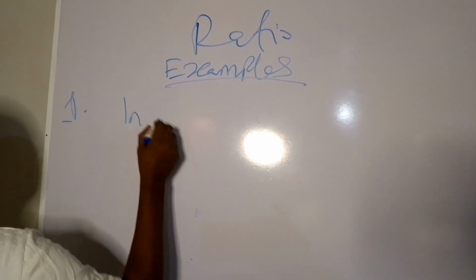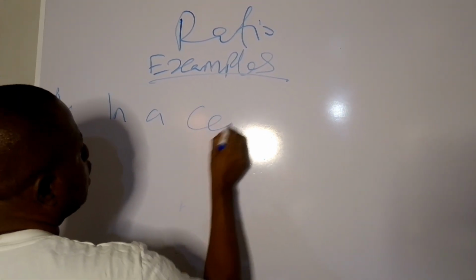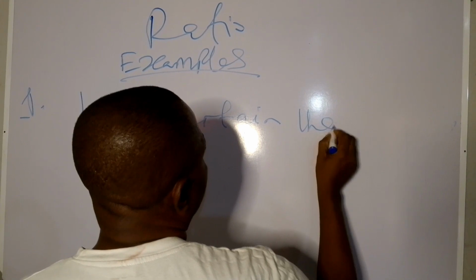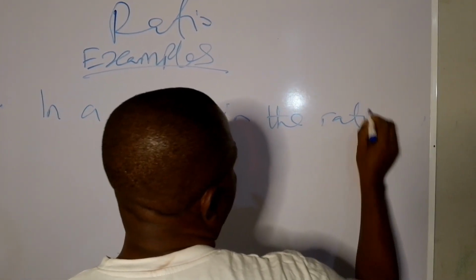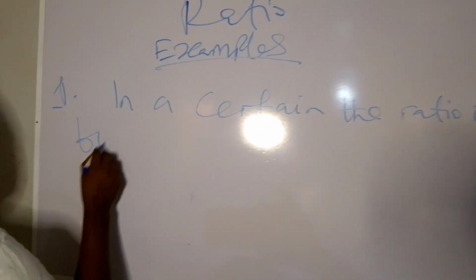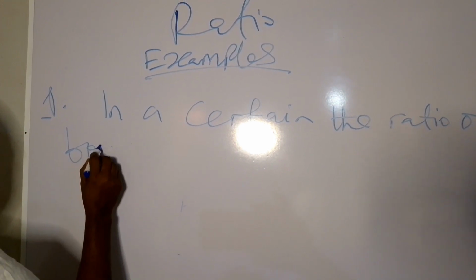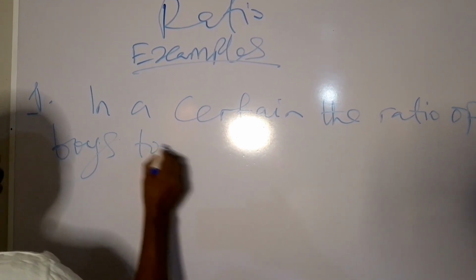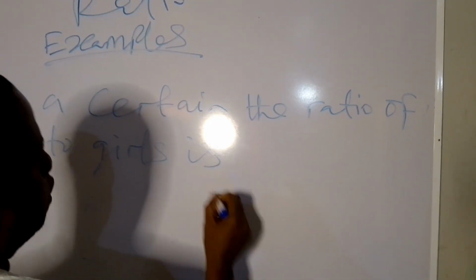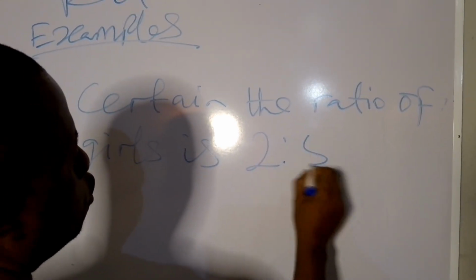In a certain class, the ratio of boys to girls is 2:5.